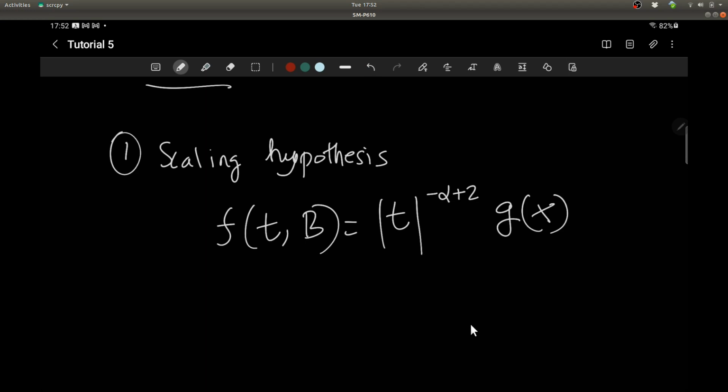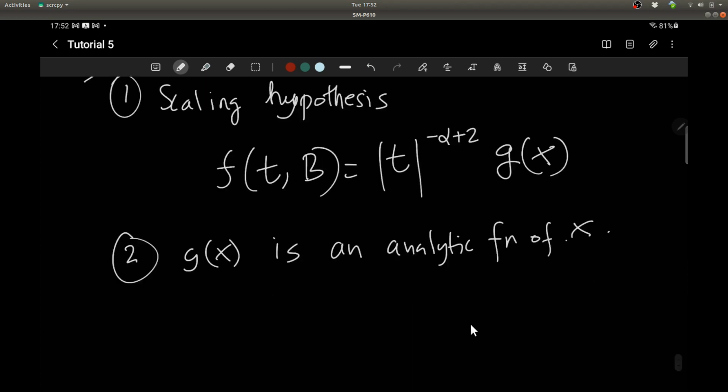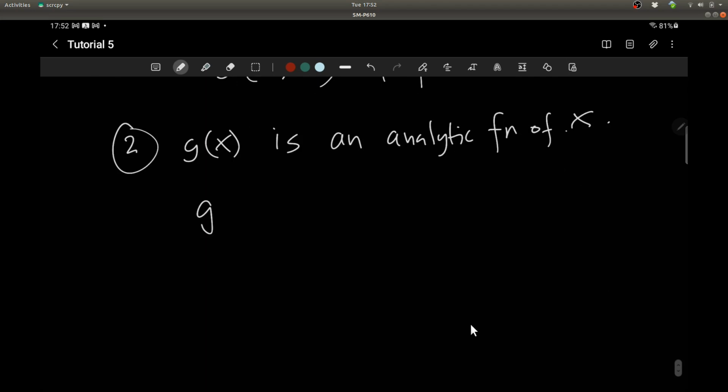So this is the first assumption. The second assumption: g of x is analytic. That means a smooth function with well-defined derivatives. In particular, I can do a Taylor series.